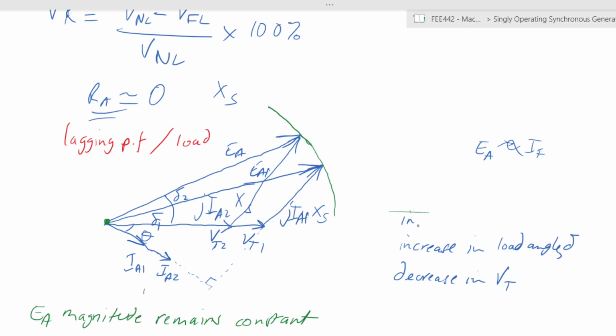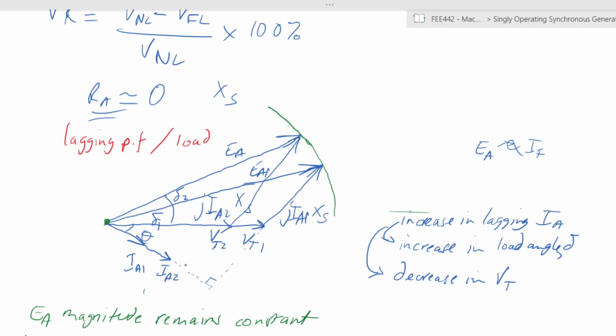So an increase in lagging armature current will lead to these effects, right? EA, the magnitude remains constant, right? So that is how these will look.